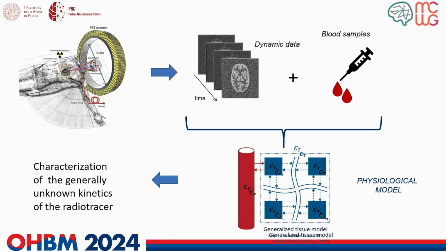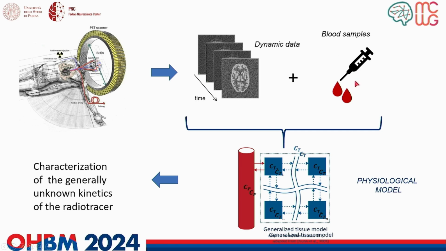So why is dynamic imaging more powerful, even if more demanding, in comparison to static? To convince you that dynamics provide us something better in the identification of a PET tracer, we need the dynamic data. We need some information coming from blood samples.